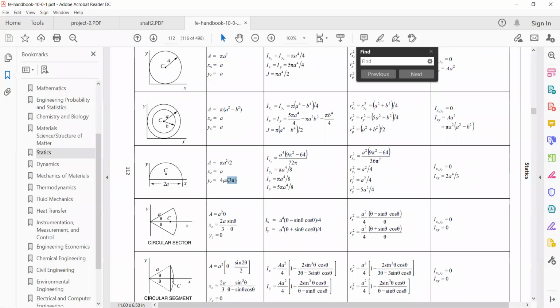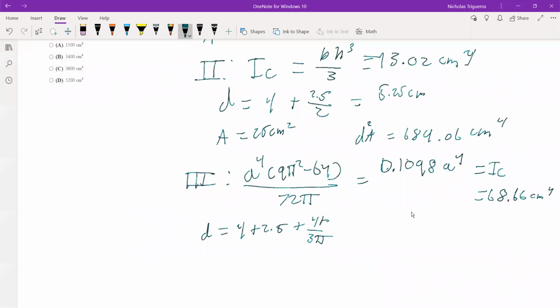For a semicircle here, we have the YC, 4a, which is the same as r in our case, over 3 pi. So that's where that comes from. For the D, this will give us 6.5 plus 20 divided by 3 times pi.